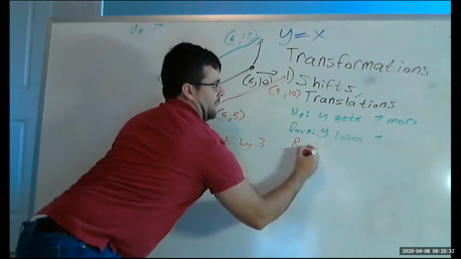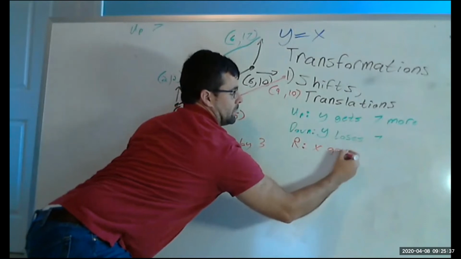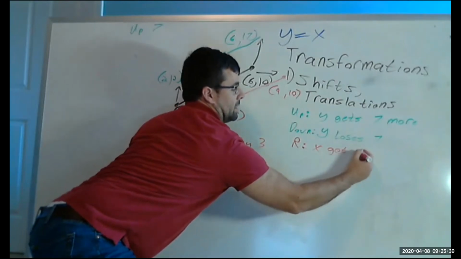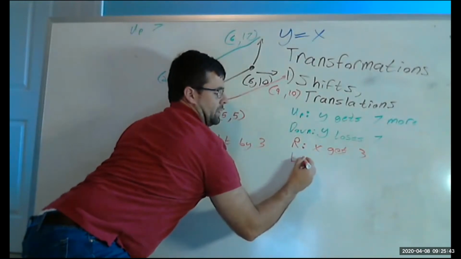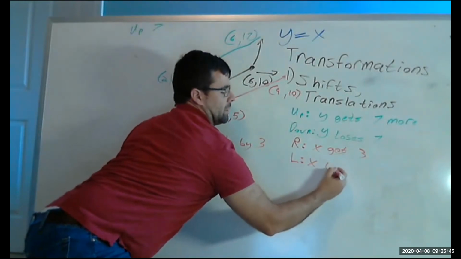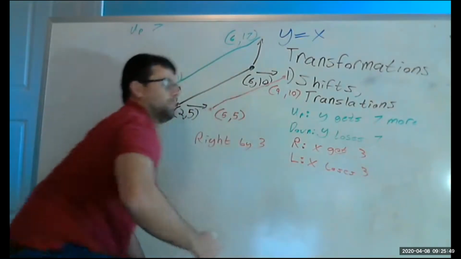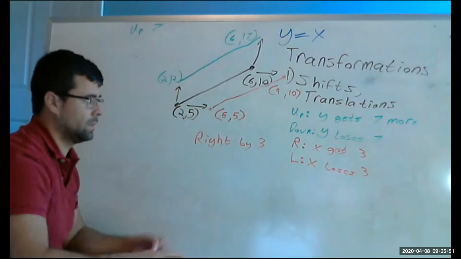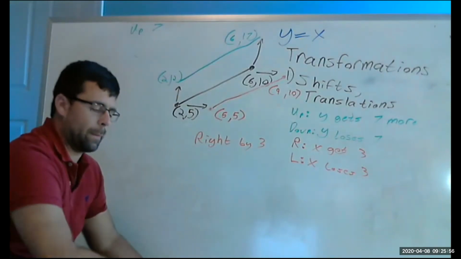So we go to the right, x gets 3. And if we went to the left, x loses 3. Okay. So this is what's happening to the points specifically.